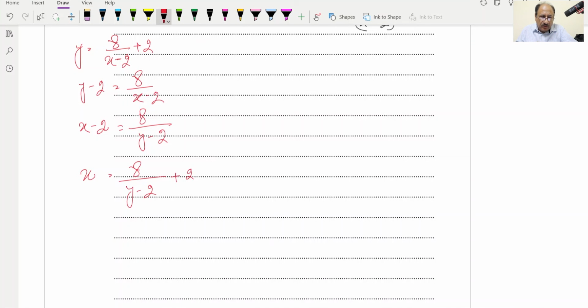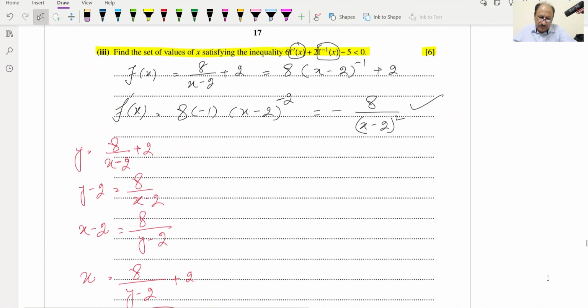Basically, f inverse of x, swapping x and y, will be 8 over x minus 2, plus 2. So this is our f inverse value which we will be replacing.